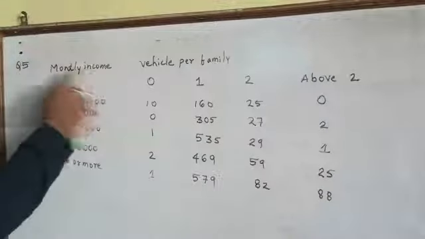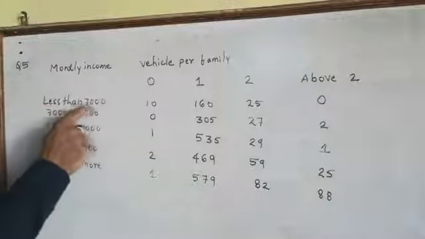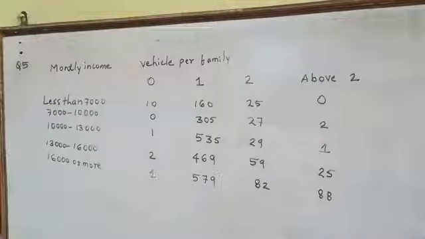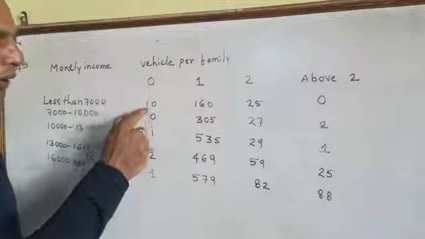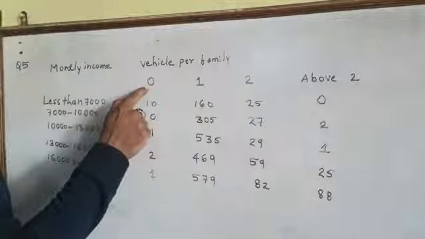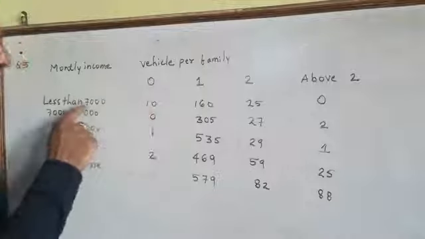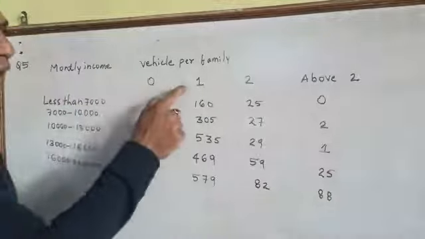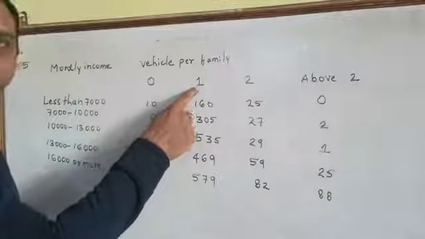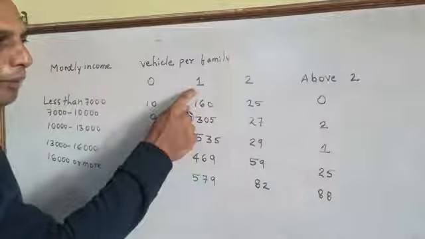So you can see the monthly income column and the number of vehicles per family. For families earning less than 7,000 rupees: zero vehicles, 10 families.